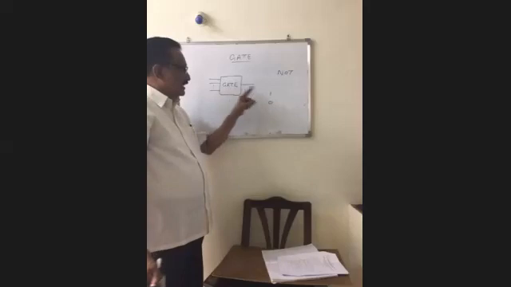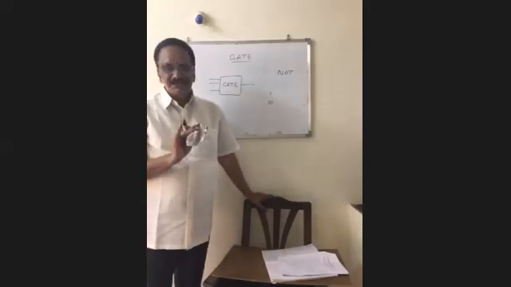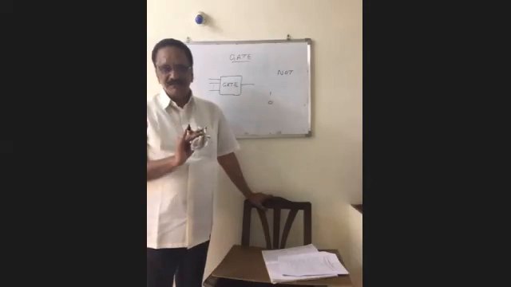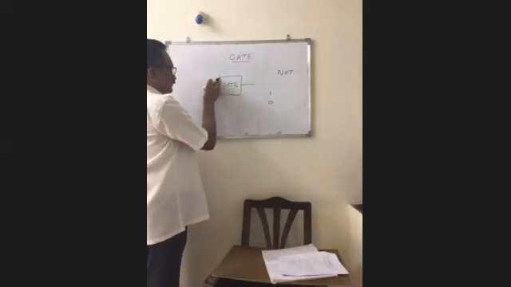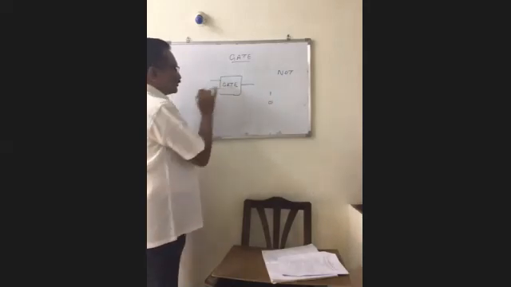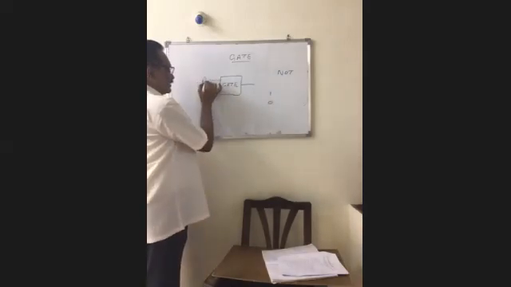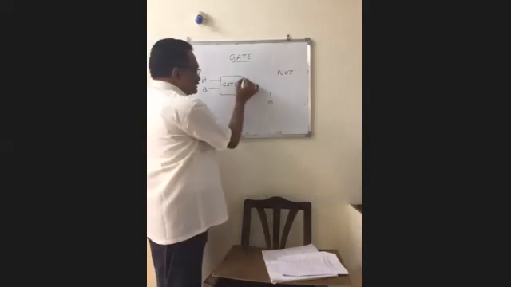It produces high output for only certain combinations. For example, let us assume it is a 2-input gate. A and B are the inputs, and Y is the output.